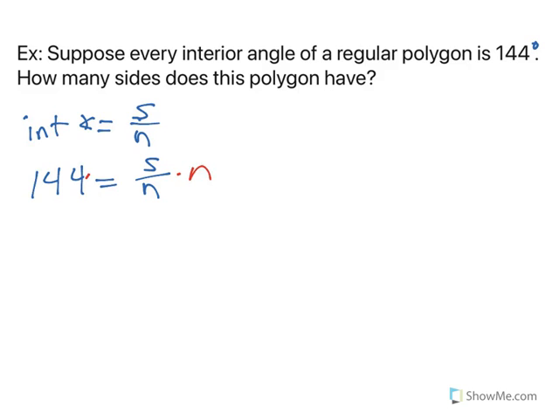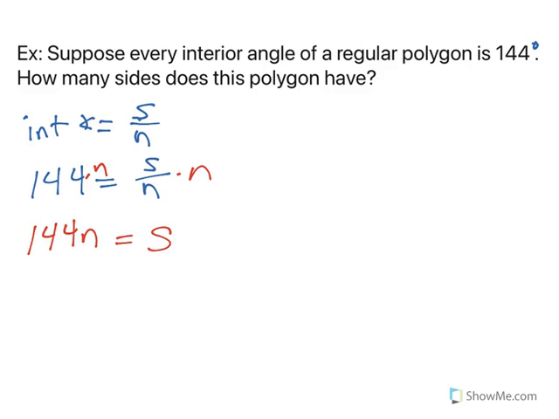If I multiply both sides by n, then the sum of all of them is 144 times n, which again should make sense. If n is the number of angles and each angle is 144, multiplying should work.